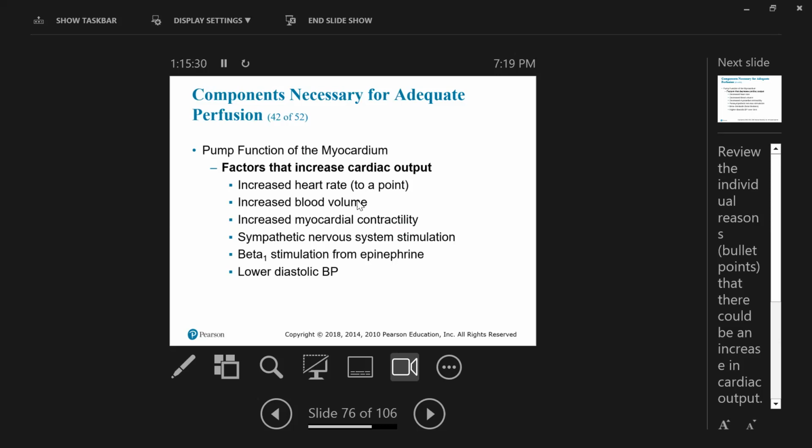Okay. So the sympathetic stimulation, also the beta 1 stimulation from epinephrine, which is adrenaline, and the lower diastolic blood pressure. Now remember, the blood pressure is broken down into systolic and diastolic. Which is the top number? Repeat that.